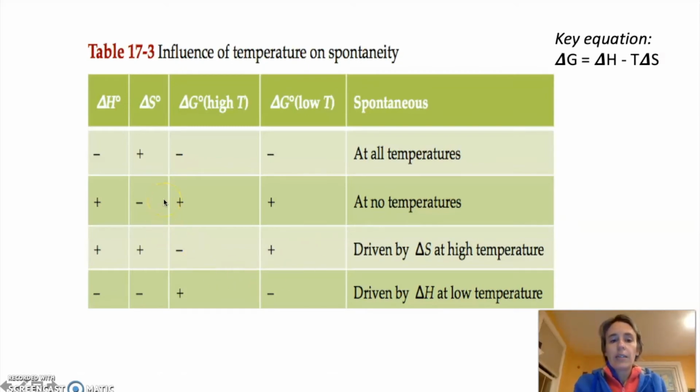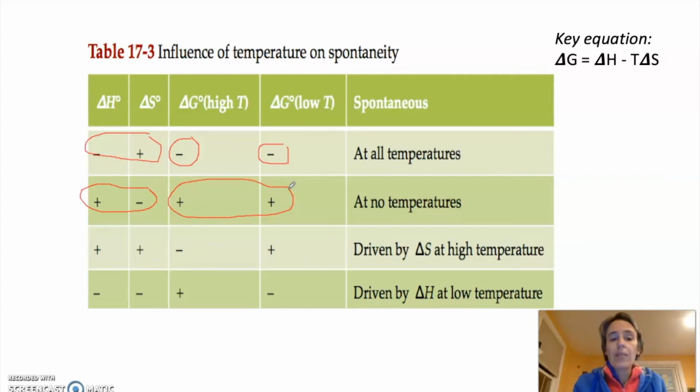We already went through the signs on delta H and delta S that always lead to negative values for delta G, so spontaneous reactions at all temperatures. And we also looked at the opposite scenario: a positive value for delta H and a negative value for delta S. We're always going to have a positive delta G, leading to non-spontaneous reactions.